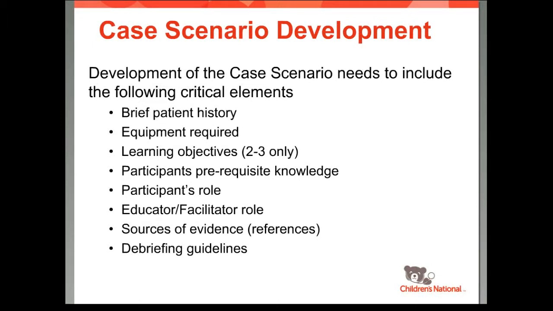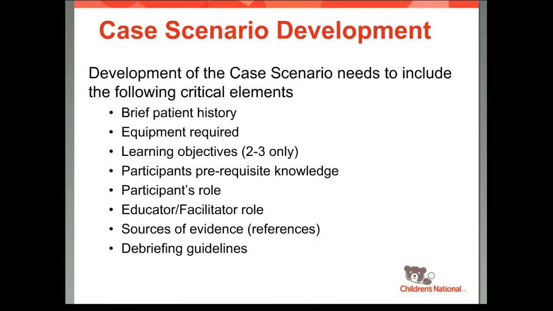The next aspect that we talked about is developing the case scenario. There's a variety of elements in here that need to be included in any case scenario, starting with the history, a bit of equipment, the learning objectives we just spoke about, what you expect the knowledge base to be of the participants before they come, and then being very clear about what the role of the participants will be, as well as the role of the educator and facilitator.